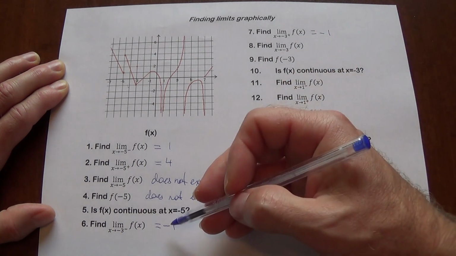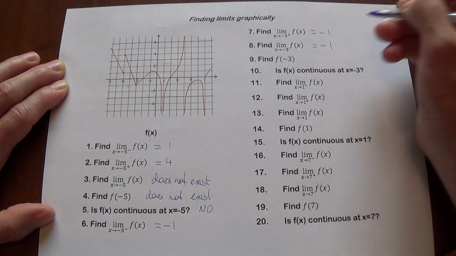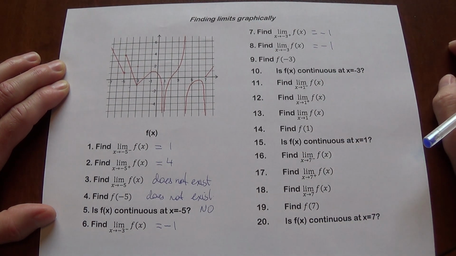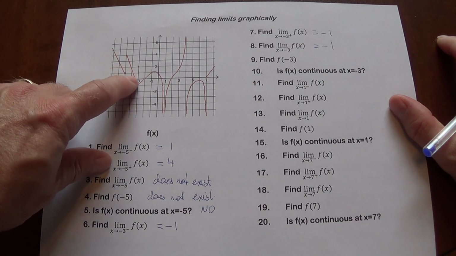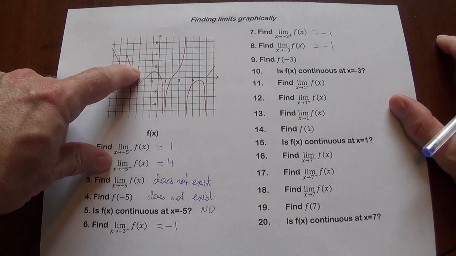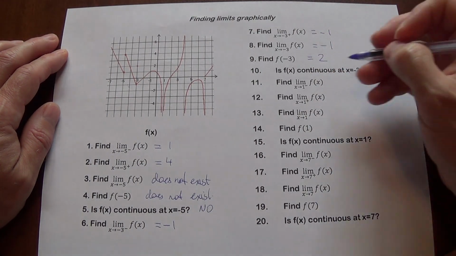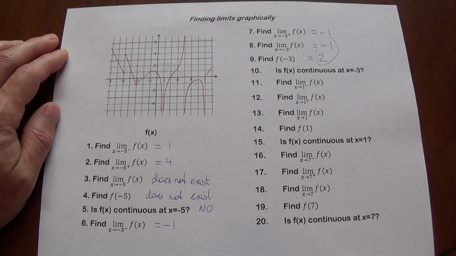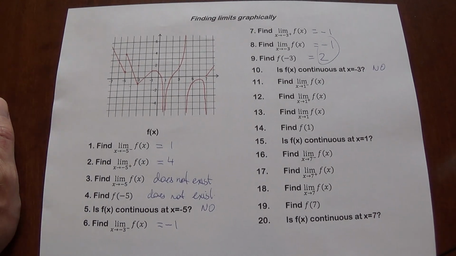Since both limits are -1, the limit as x approaches -3 is -1. Does the function exist at -3? Yes, it's right there, equals 2. And is the function continuous? No. If these two values don't match, it cannot be continuous.